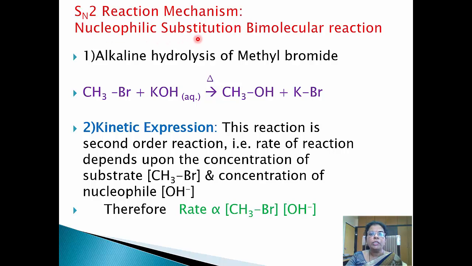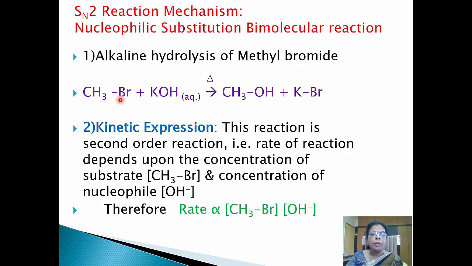The best example of SN2 reaction mechanism is alkaline hydrolysis of methyl bromide. The reaction is CH3Br plus aqueous KOH. When this reaction mixture is heated, we get methyl alcohol, CH3OH, plus potassium bromide, KBr.